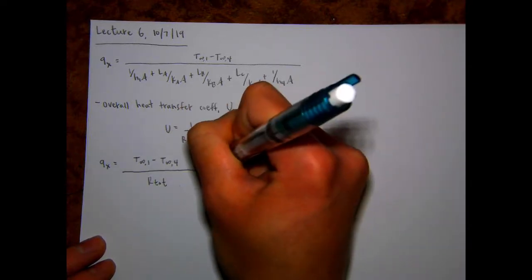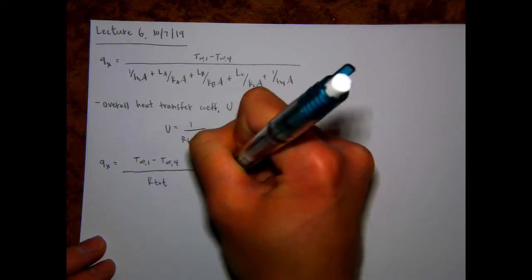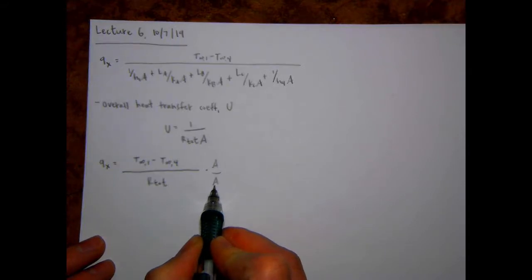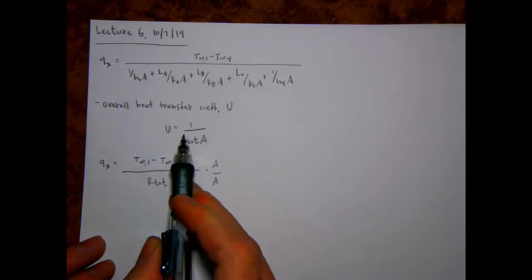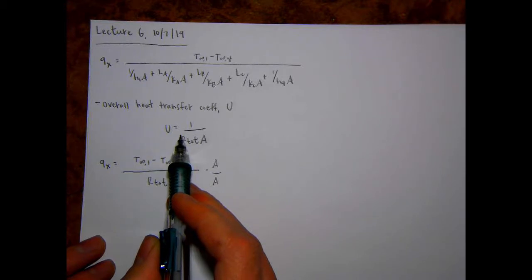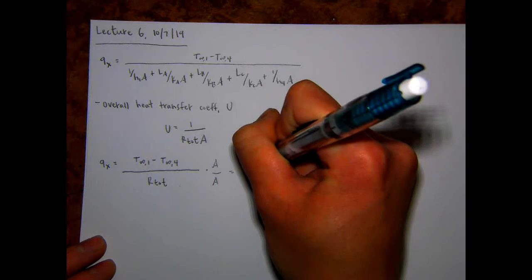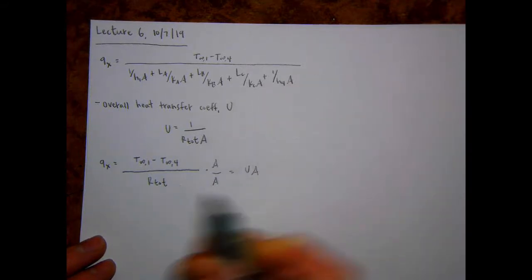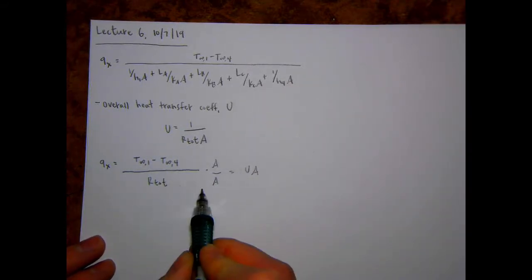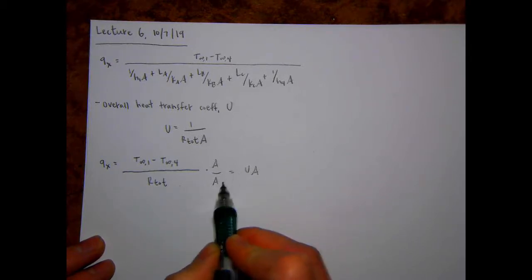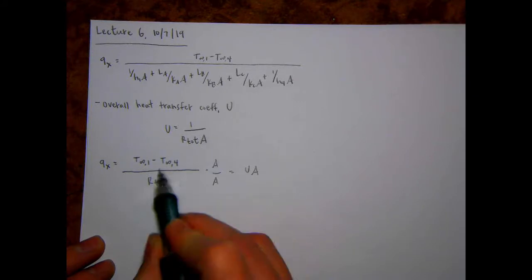And then if we just multiply the top and the bottom by the area, this R total times area starts to look like the overall heat transfer coefficient U. So then we can rewrite this, since U is 1 over R total times A, U is in the numerator here. So we can rewrite that as U times A times the temperature difference.